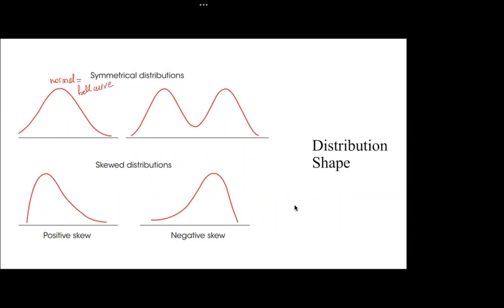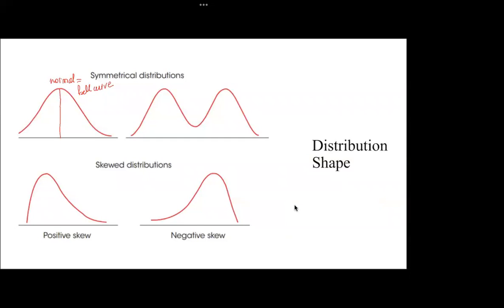And this distribution falls into the category of symmetrical distributions. And by symmetrical distribution, I mean, if I draw a line right through the middle, the left side will equal the right side, right? So the line will divide the distribution in exactly 2 equal halves. So it's symmetrical around the center.